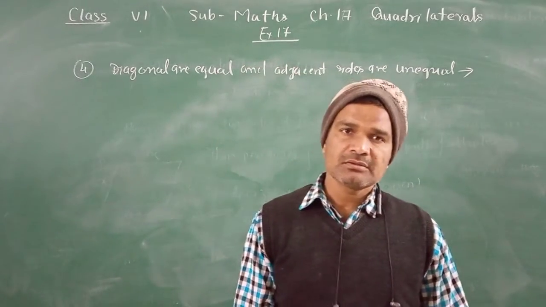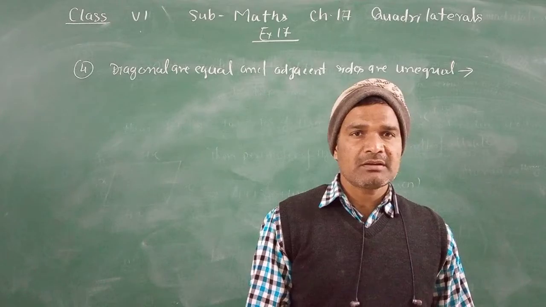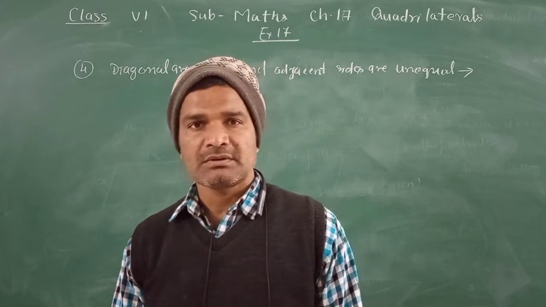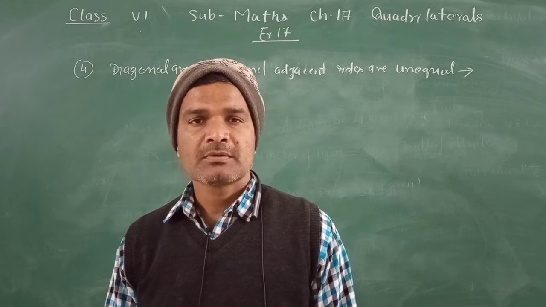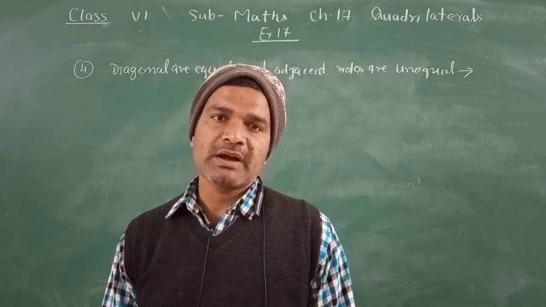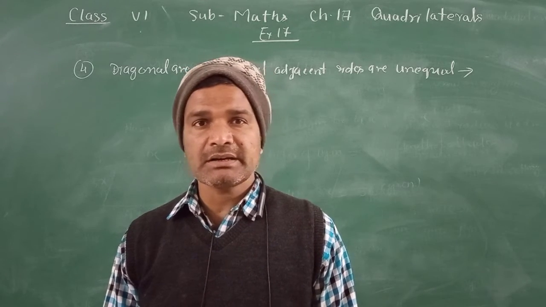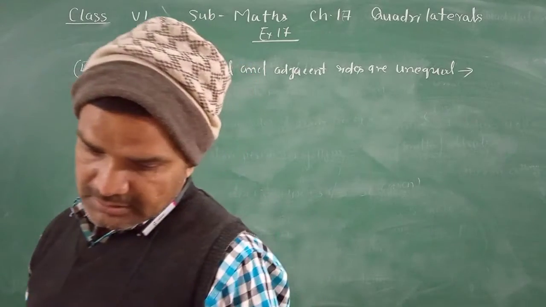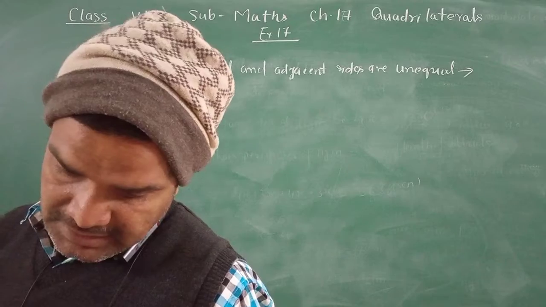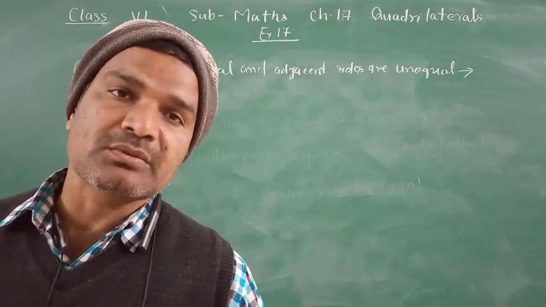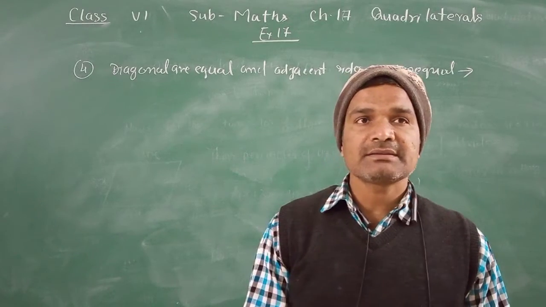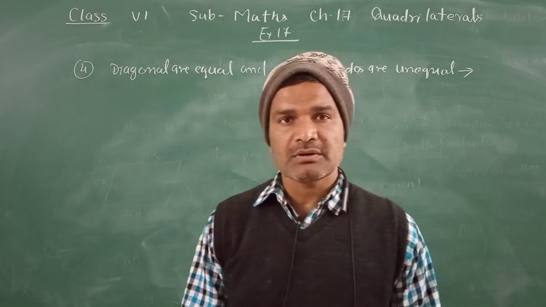First, you recall in which quadrilateral the diagonals are equal. In the square the diagonals are equal, in the rectangle the diagonals are equal, but the diagonals are equal and the adjacent sides are unequal.